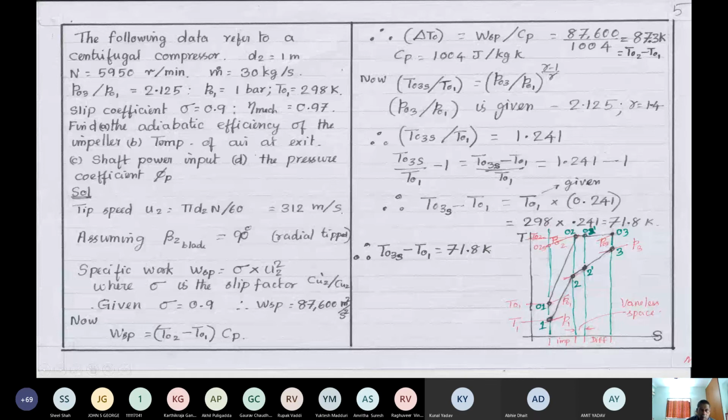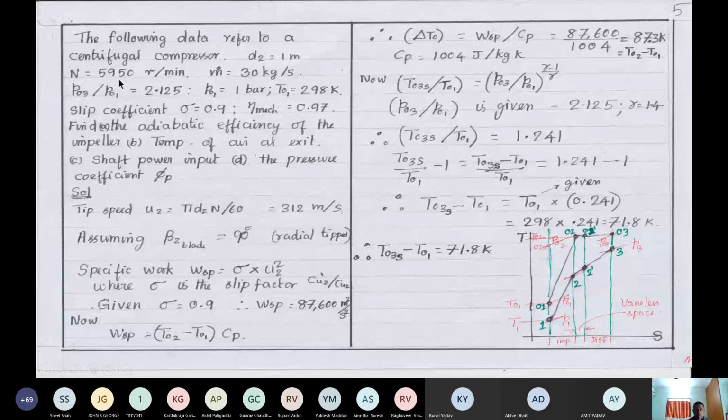Again, like the previous problem, first you calculate the blade tip speed using the tip speed relationship. U2 is equal to pi d2 n by 60, and you get 312 meters per second. Then assume beta 2 blade equal to 90 degrees. Nothing is clearly mentioned, but many of these compressors that run very fast have beta 2 equal to 90.